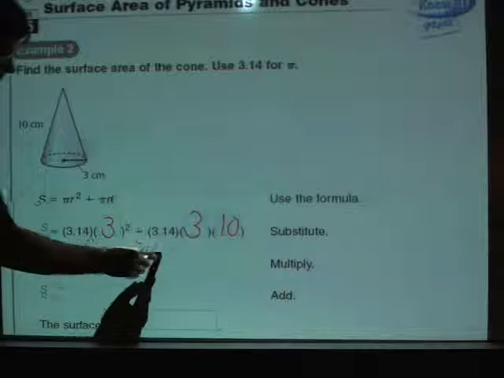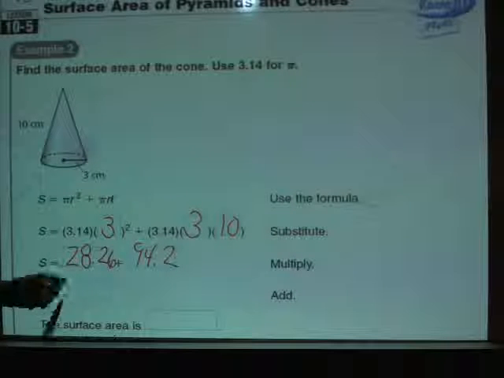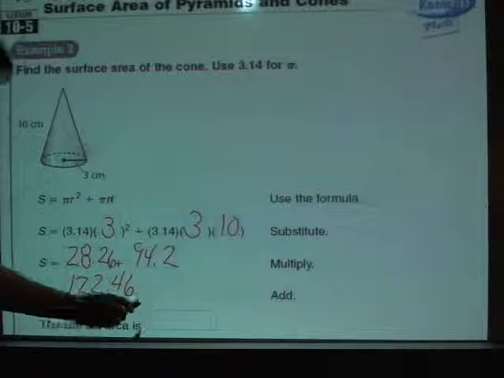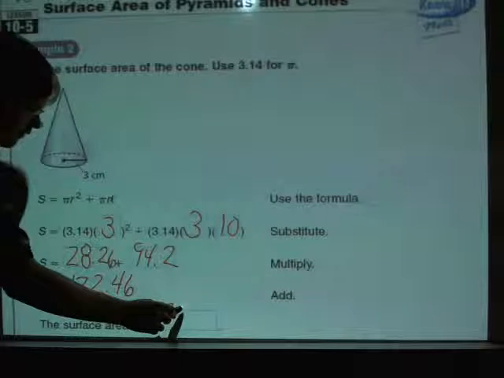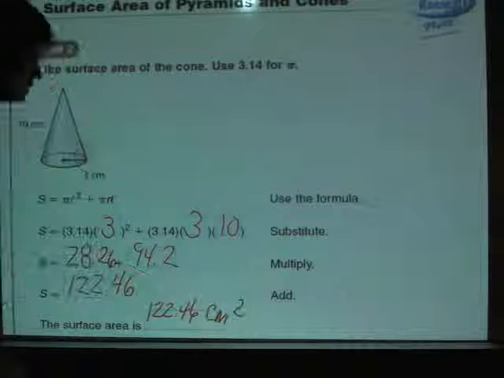I'm going to go ahead and add these together now. The 94.2 added to the 28.26, and the result there is 122.46. So the surface area of that cone is 122.46 square centimeters, or centimeters squared.